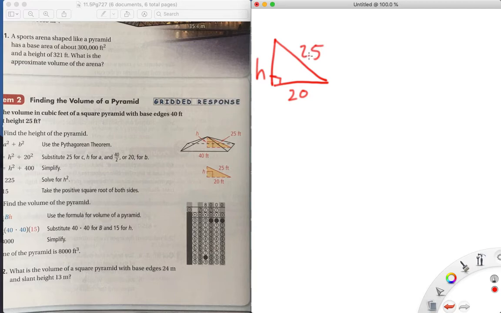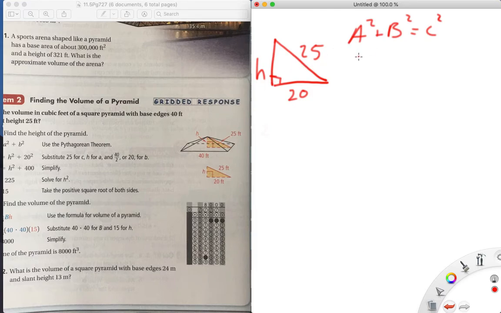The 25 is our hypotenuse, and then the 20 is our leg. And so we're going to find the other leg, which is the height. Since it's a squared plus b squared equals c squared, we're trying to find what the height is. We'll call that a.